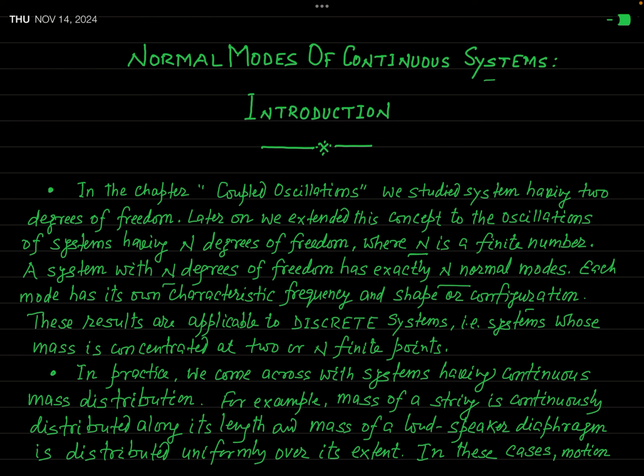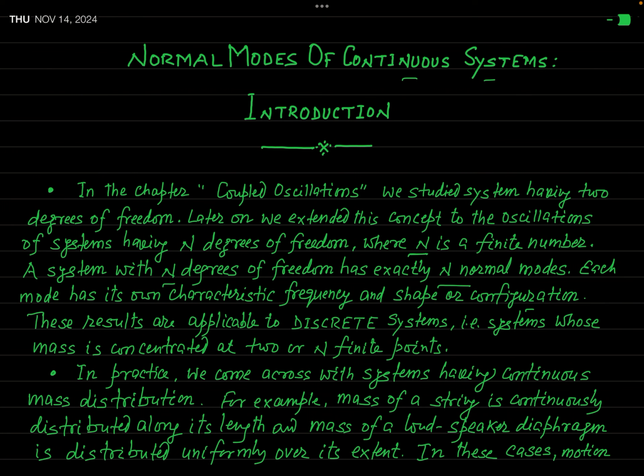It means you are talking about systems whose mass is concentrated at 2 or a finite number of points. That is called a discrete system. And we have learned only about these discrete systems. But now, as I have told you, we are going to see the problem of finding the normal modes of continuous systems.